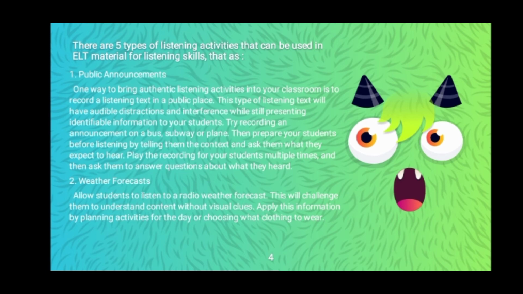Try recording an announcement on a bus, subway, or planes. Then prepare your students before listening by telling them the context and ask them what they expect to hear. Play the recording for your student multiple times and then ask them to answer questions about what they hear.